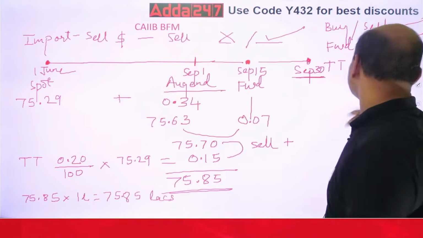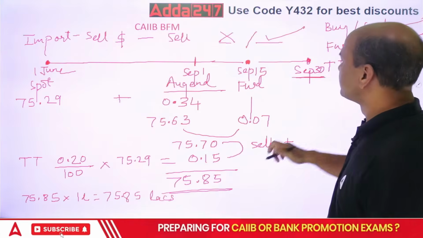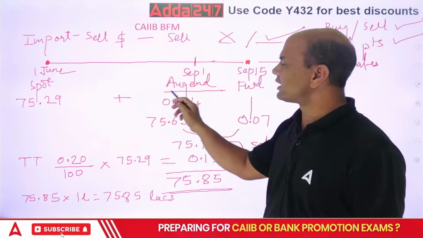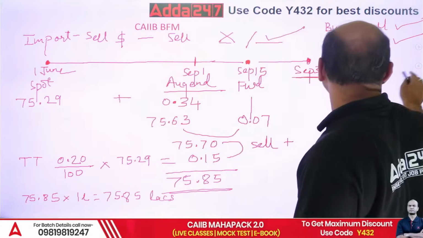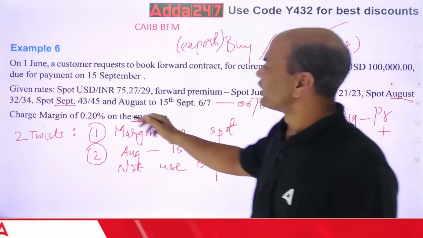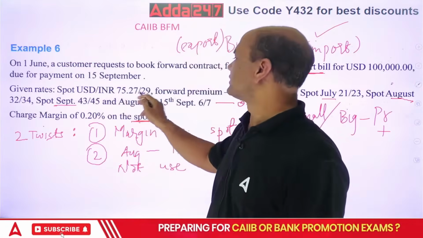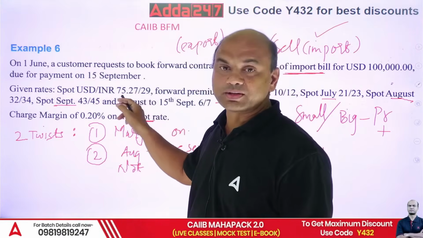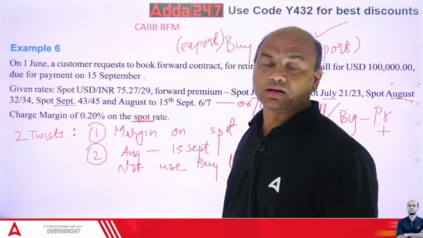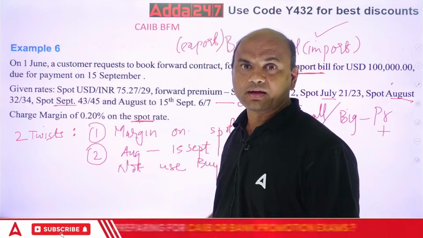So now look at it. August end rate I am having. What is the spot rate now? 75.29. How do you know the spot rate? See, it's given. USD spot is 75.27/29. So take this 29. Why not 27? Because 27 is for sale, for export, buy. I want sell now, import.